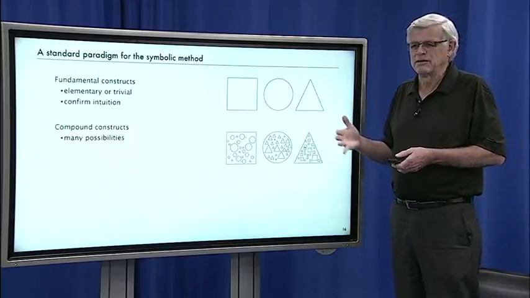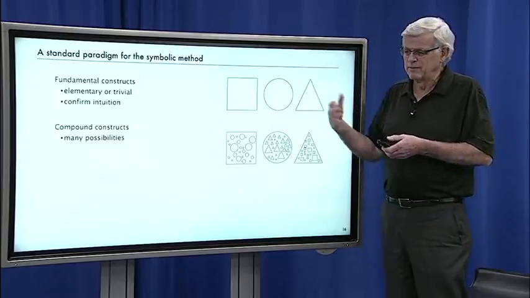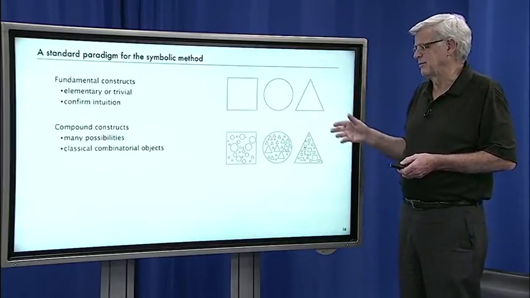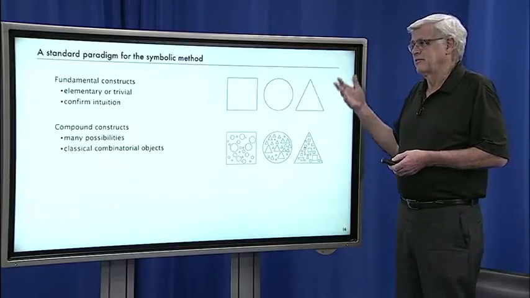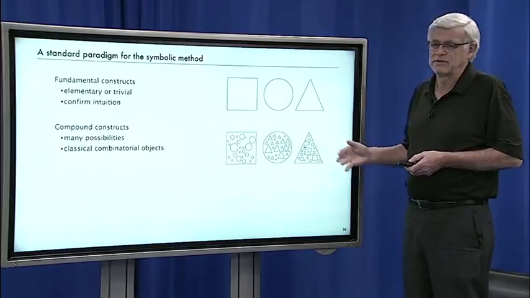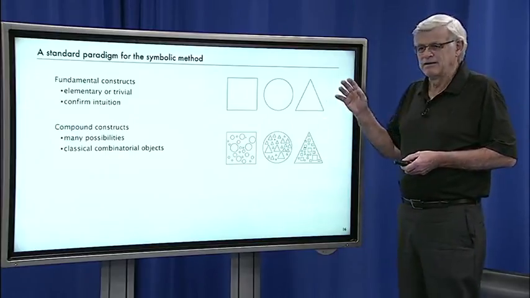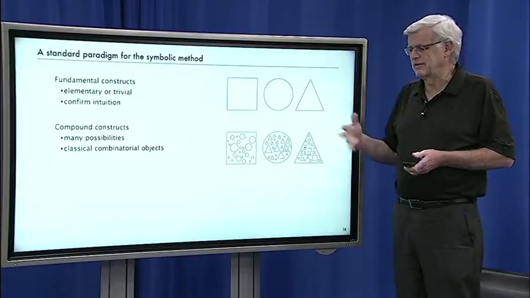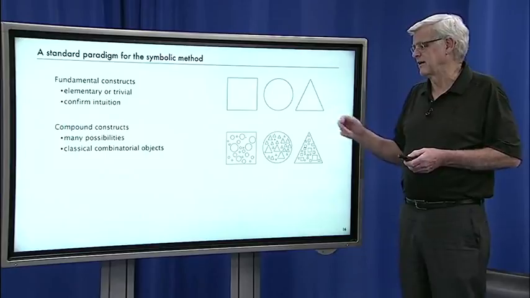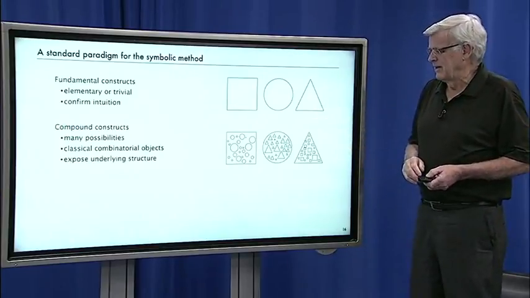There's lots of possibilities. The set of combinatorial constructions really is a language that has unlimited possibilities. And it turns out that even with the simple ones we've described, we can get lots of classic combinatorial objects that have been studied in great detail. We can easily describe them with the symbolic method and get equations that the generating function satisfies.